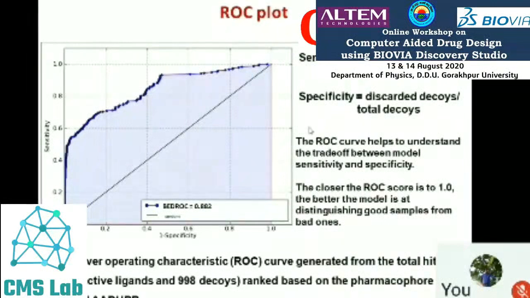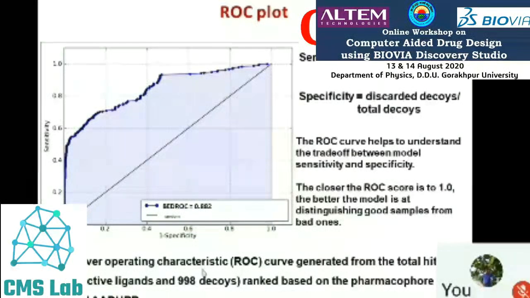So we use that model. If you see in the figure here, the x-axis shows specificity and the y-axis shows sensitivity, from 0 to 1. We mix both these sets of molecules and screen them against this pharmacophore.